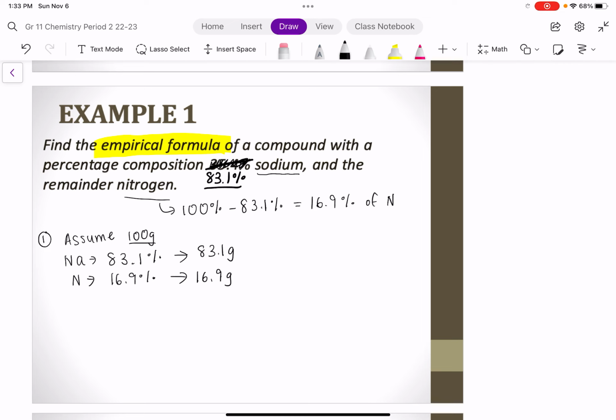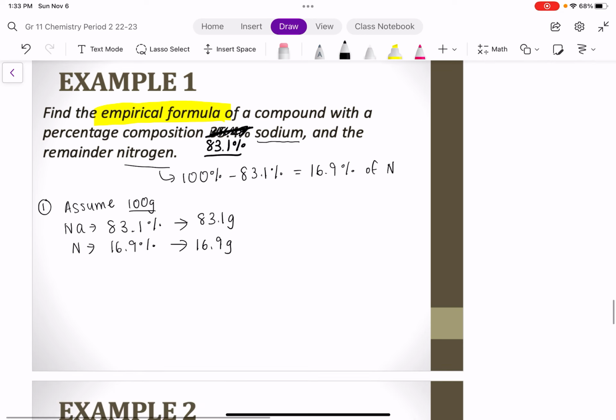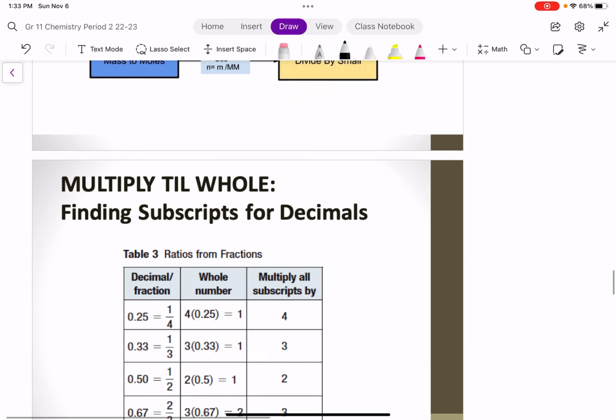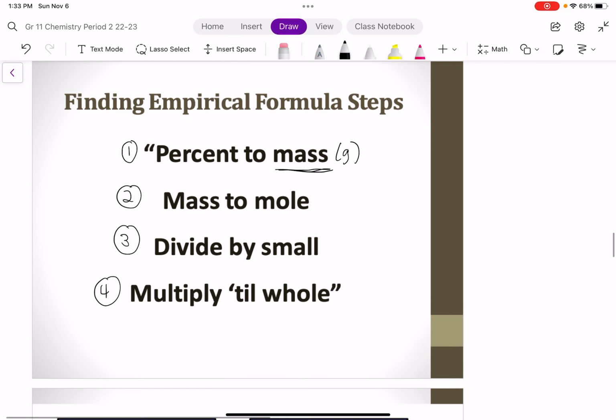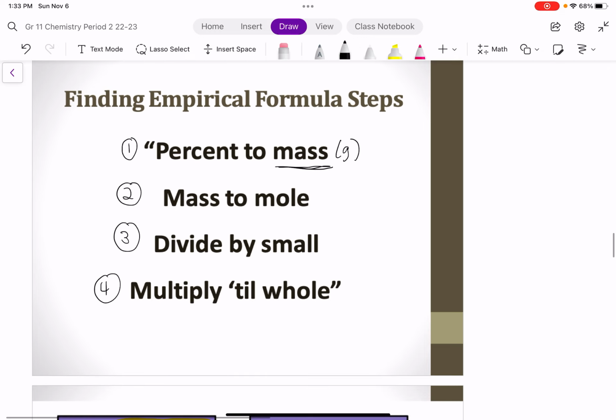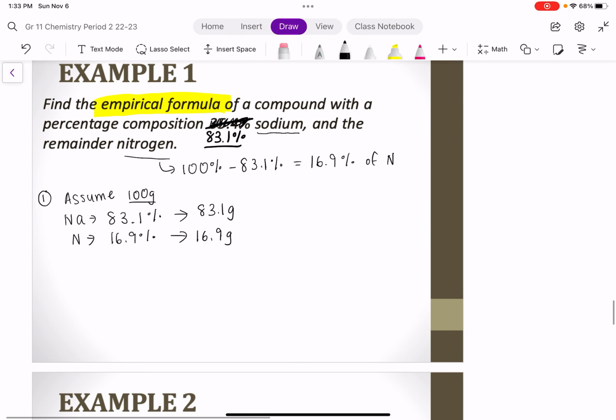So we've converted percent to mass. The next thing we do, if we take a look at our steps, is convert mass to moles. So the second step is mass to moles.